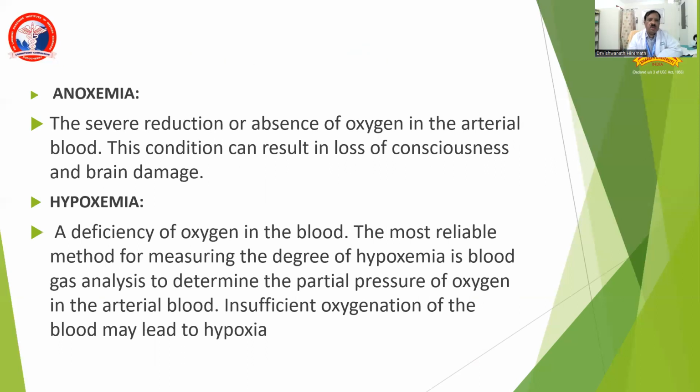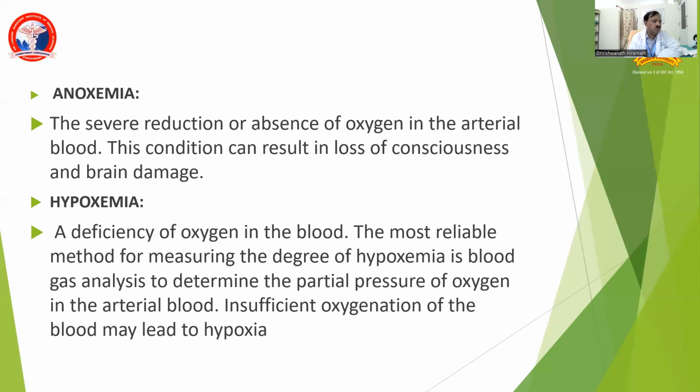What is anoxemia? Anoxemia is a severe reduction or the absence of oxygen in the arterial blood. This condition can result in loss of consciousness and brain damage. Then you must also know the term hypoxemia.